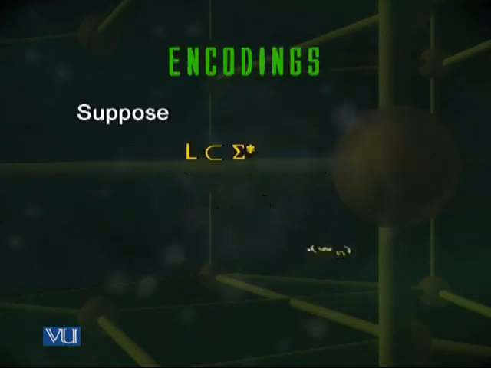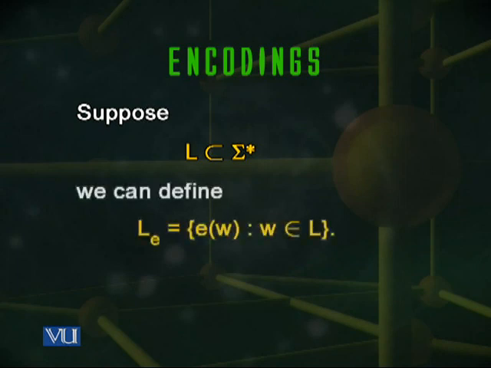Now suppose that you have a language over some alphabet sigma, so L is a subset of sigma star. Well, we can encode the alphabet sigma into our binary alphabet. Similarly, we can define another language, L sub E, which is the set of all encodings of strings in the language L. So L sub E is the set of encodings of w, where w is in L. This language is now a language over the binary alphabet.